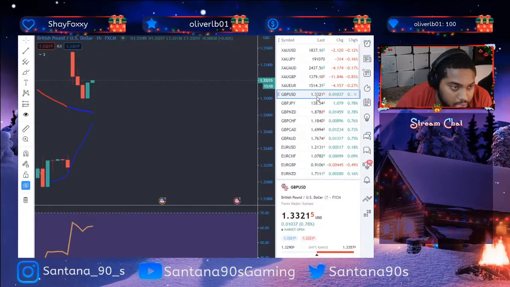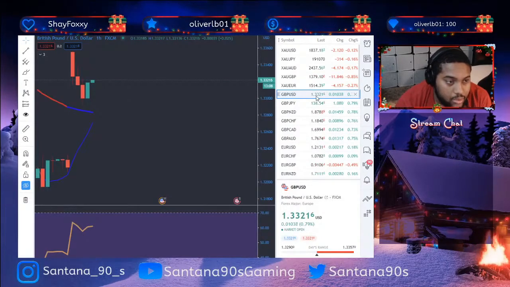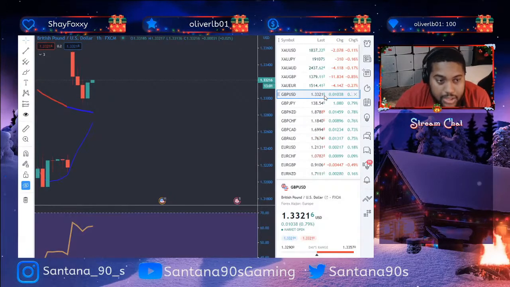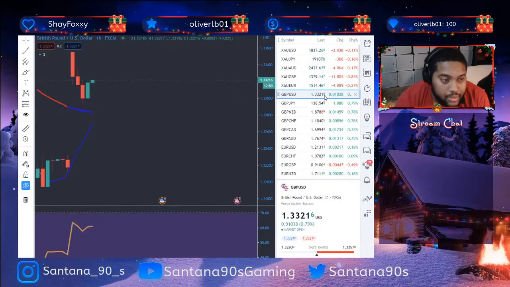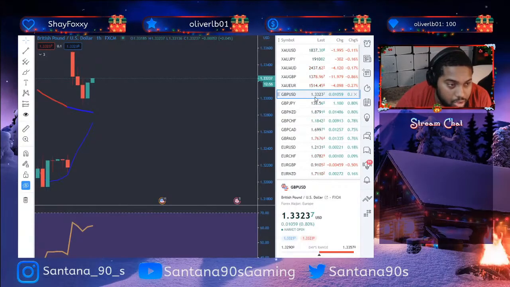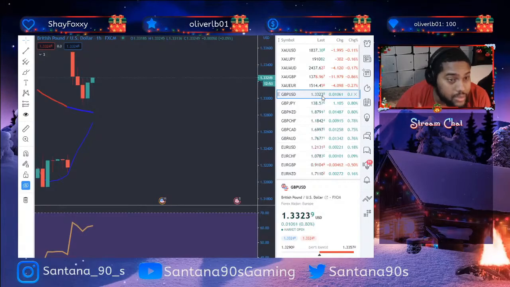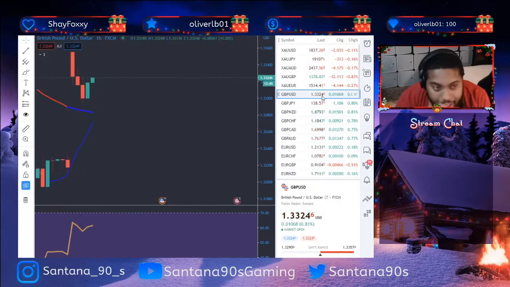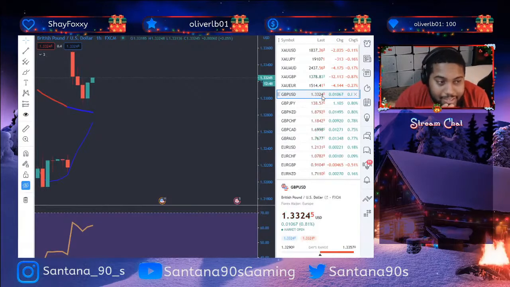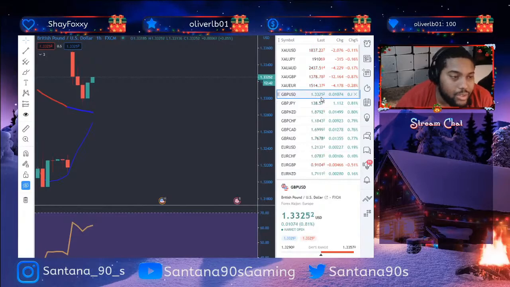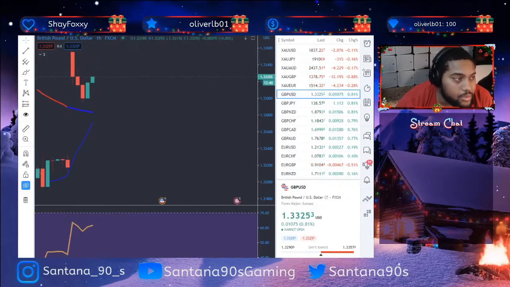When it goes from 3321 to 3322, that means it moved up 1 pip. See right now, 3323, it moved up 2 pips. Now 24, it's going up. 3324, and now 25.